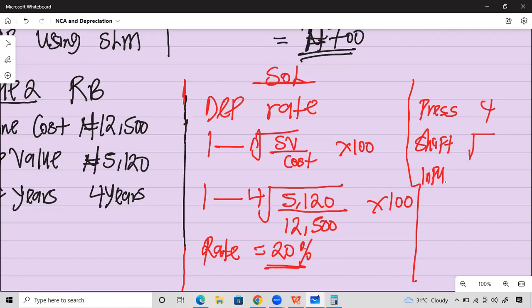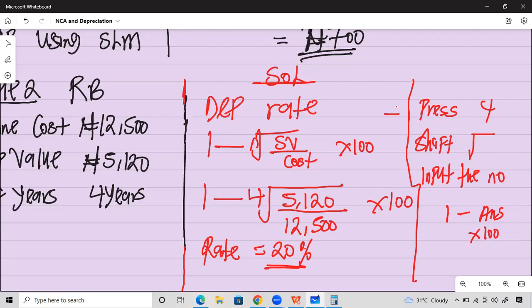You input the number, whatever you have now, 1 minus your answer. Whatever you have, you multiply with 100.